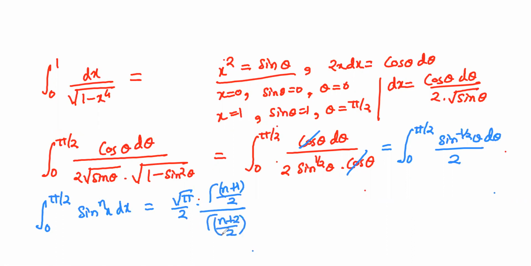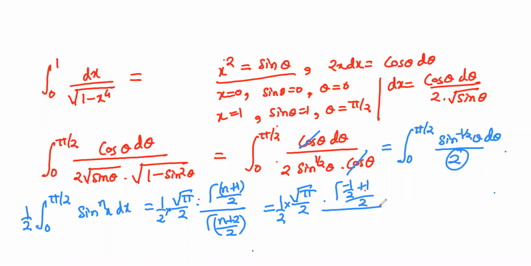If here there is 1 by 2 extra, it will come, and instead of n, I will write minus 1 by 2. So this is minus 1 by 2 plus 1 upon 2, and minus 1 by 2 plus 2 upon 2. Instead of n, I have written minus 0.5. So this will be under root pi upon 4.